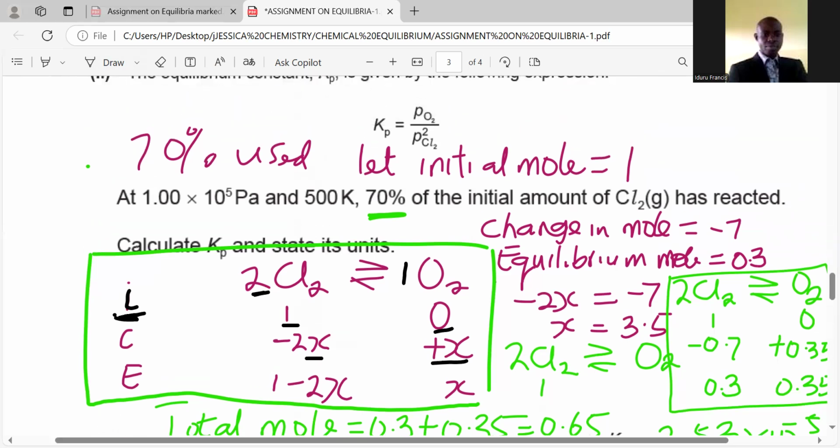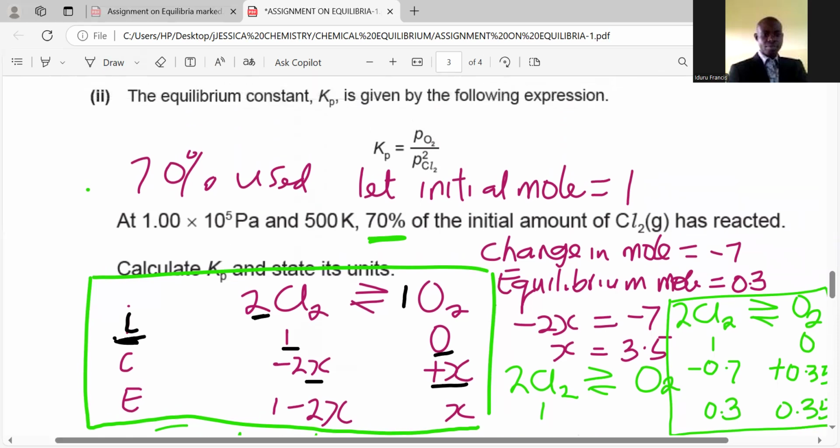70% has been used. It means that if I start with 100 mole, I will have 70% being consumed.